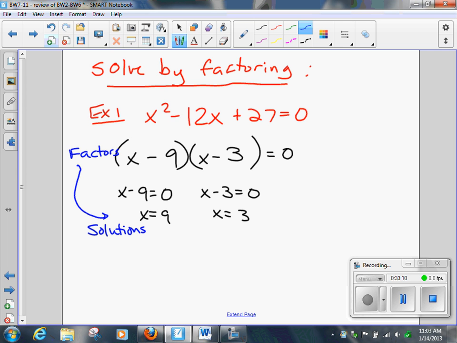Hey, remember you can write your solutions in those fancy brackets. Cool? That's the answer. They are called the zeros. They are also called the roots. They are also called the x-intercepts. Solutions. Remember all those words we have to go through all the time? Questions at all?